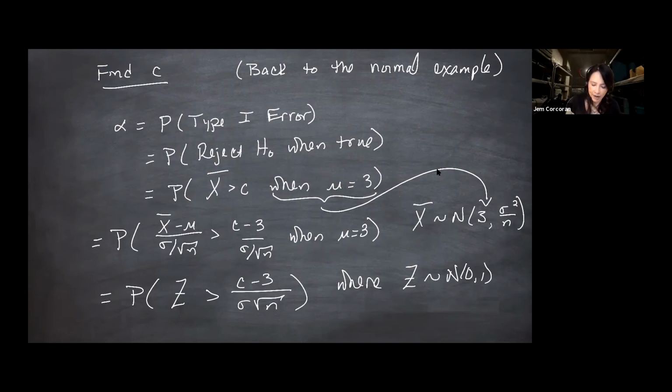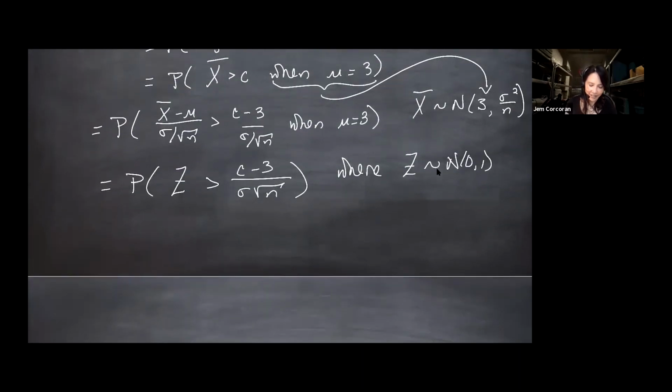So just one more time, this guy is not a standard normal if mu is not 3. We're under the assumption that the null hypothesis is true. Okay, so we know how to find this. We have a symbol for it. So just to recap this here, this is what I'm working with, and we're trying to find the C.